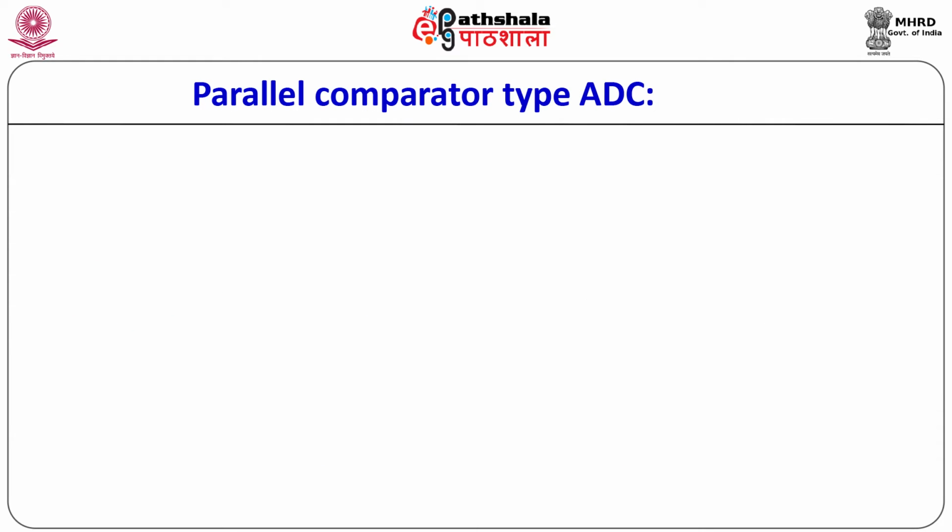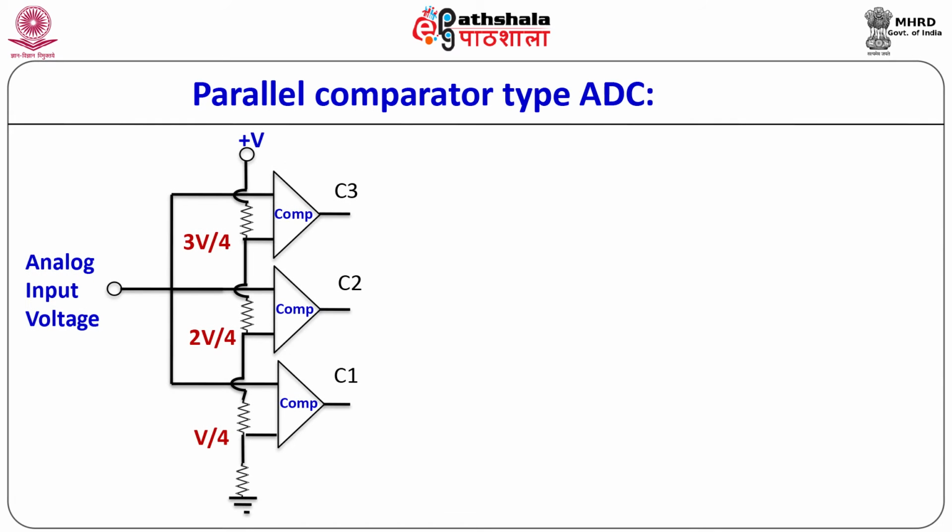The parallel comparator type ADC uses a number of comparators. For a 2-bit digital output, it requires 3 comparators. The figure shows the circuit of such a parallel comparator type ADC using 3 comparators.